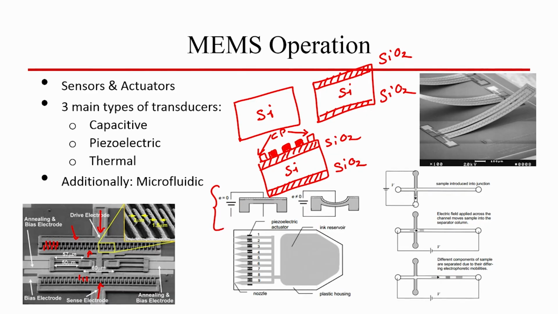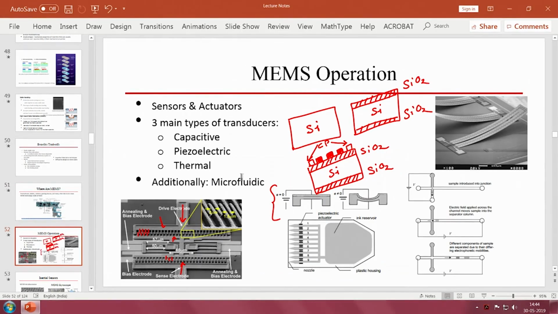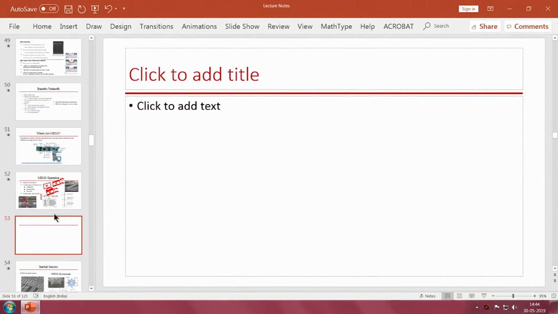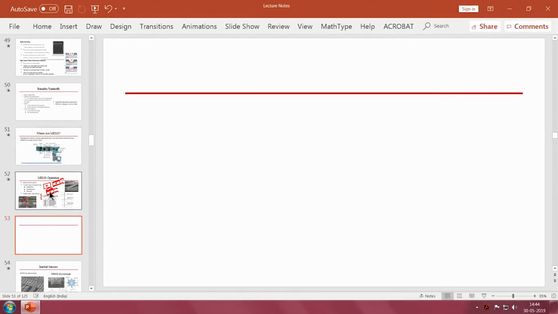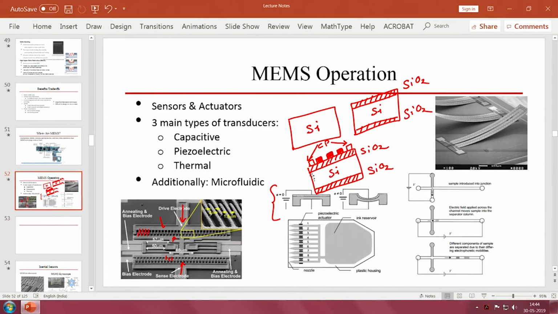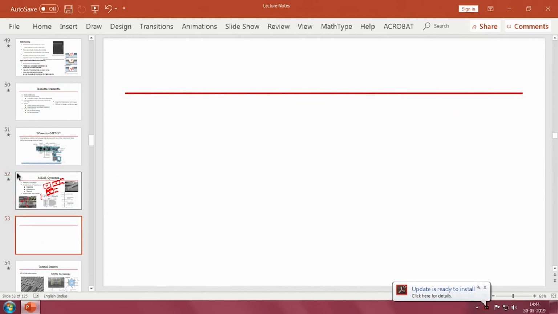So, for that, what we will do? Let us take this example. I will just draw it here. So, you understand, you see this thing, right, and what we want is a micro machined diaphragm.